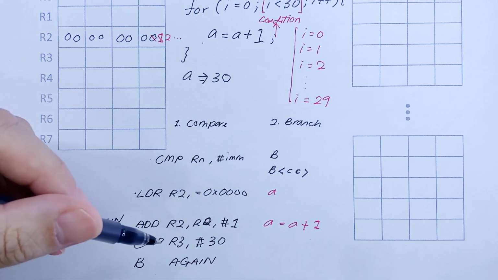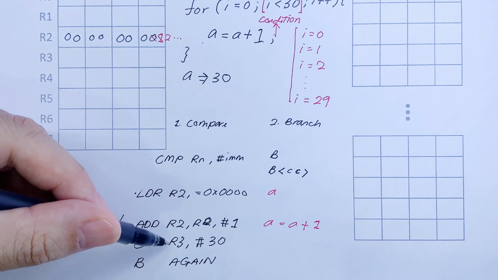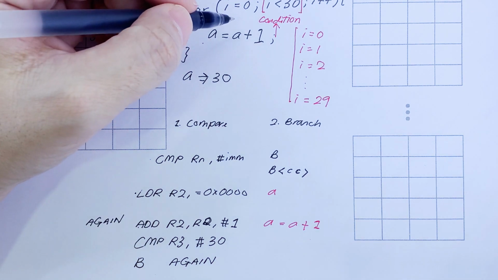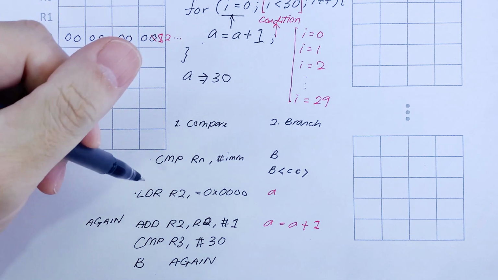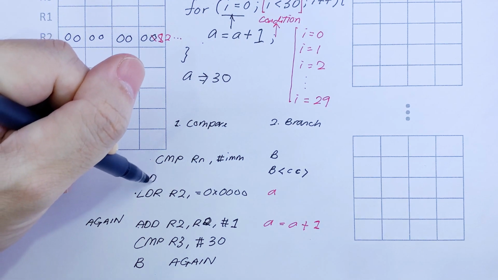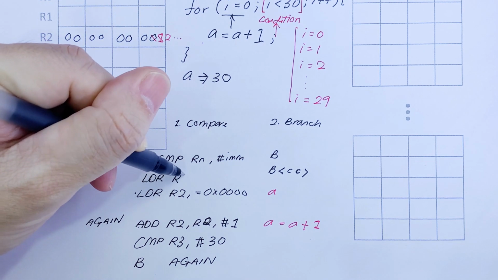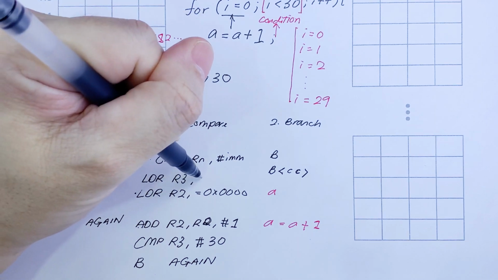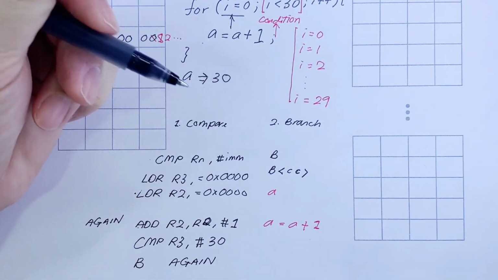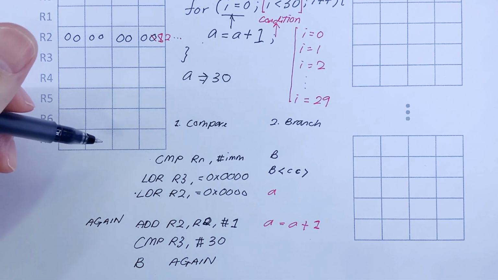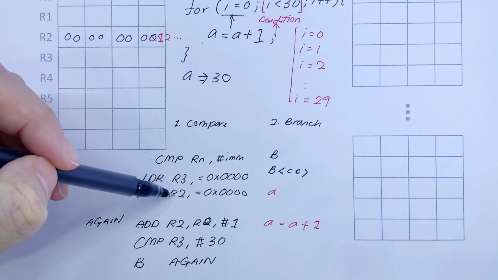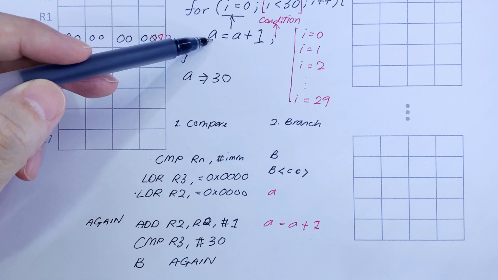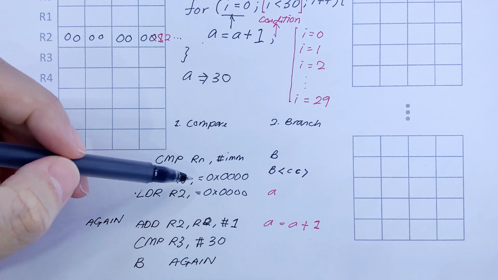And of course, we need to initiate our R3 as what we did in our for loop in the beginning, which means R3 also starts with 0. So in our case, R3 is the I as in our for loop, and R2 is the A as in the example just now.